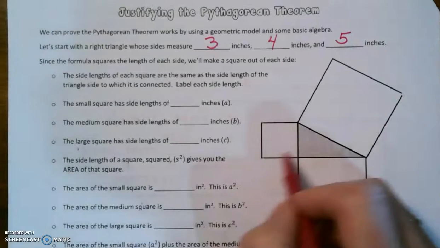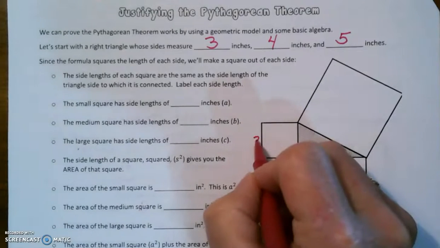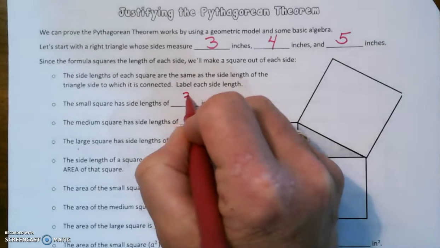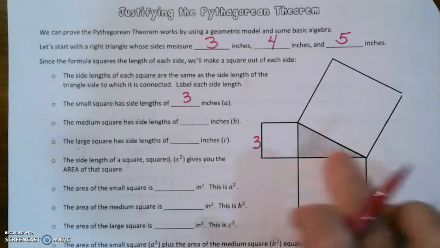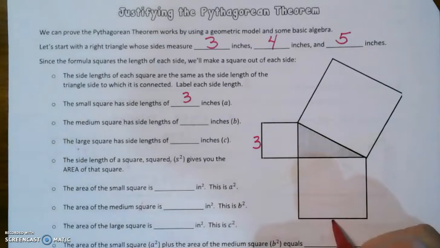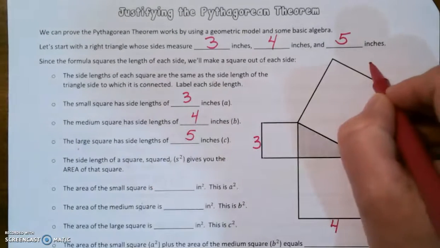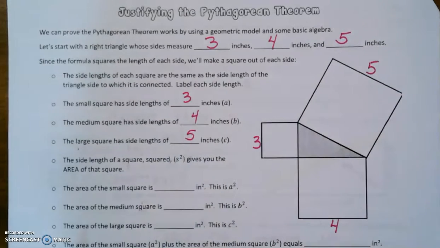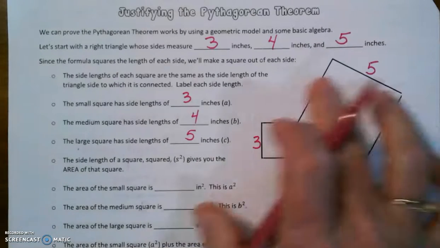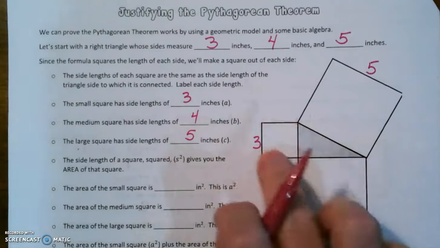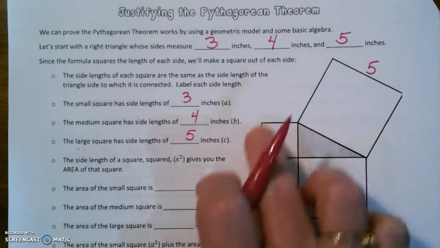The small square right here has a side length of 3. The medium square has a side length of 4, and the large square has a side length of 5. So if we squared these numbers, we would get the area inside each one of these boxes.